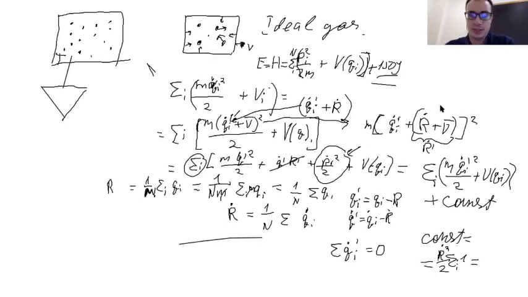So the whole point here is that in principle, what you care about is only the motion, the Hamiltonian with respect to the center of mass, okay? If the system moves with the same velocity, that means that the center of mass moves with the same velocity. What I have shown is that this change of system leads to adding a constant term to the Hamiltonian, okay?